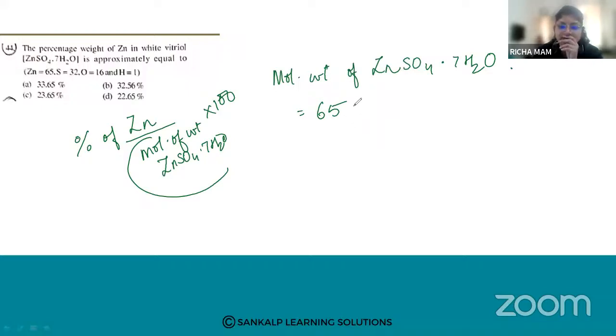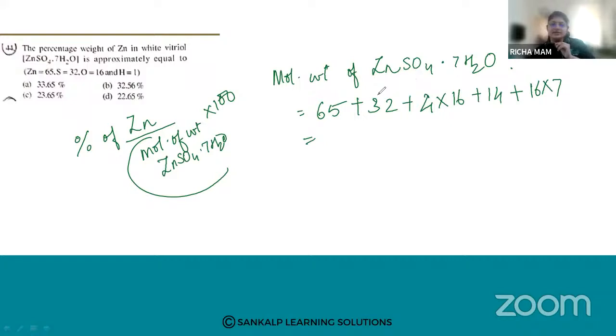So 65 plus sulfur is 32 plus 4 into 16. Okay, plus 7, 2 sevens are 14, right? So 14 hydrogens plus 16 into 7. Calculate.